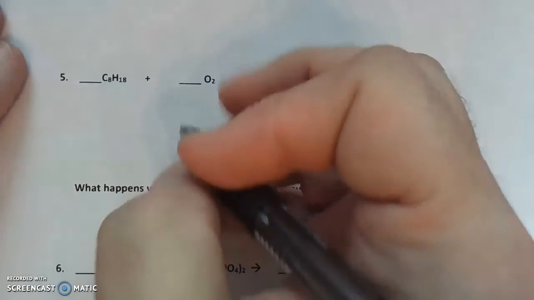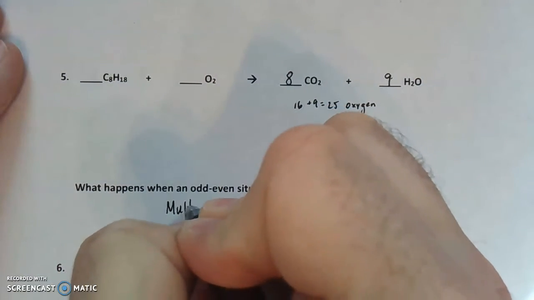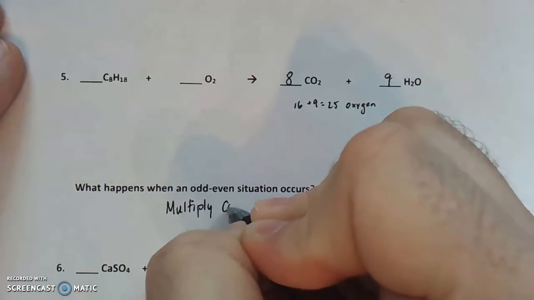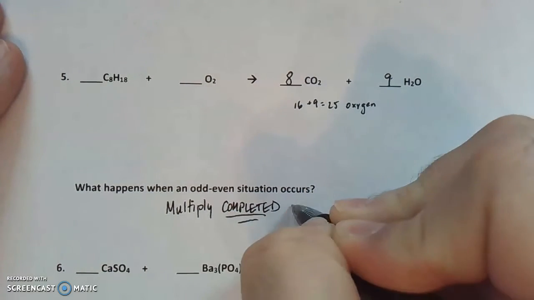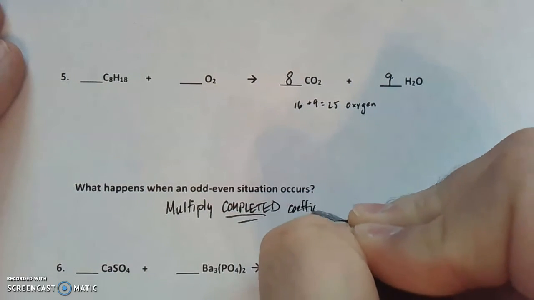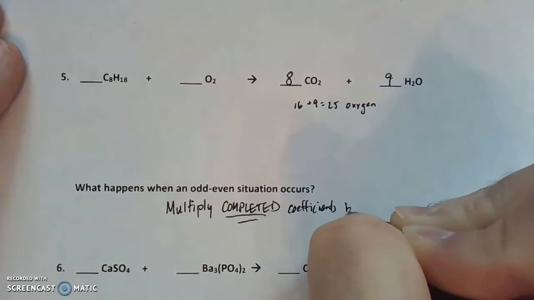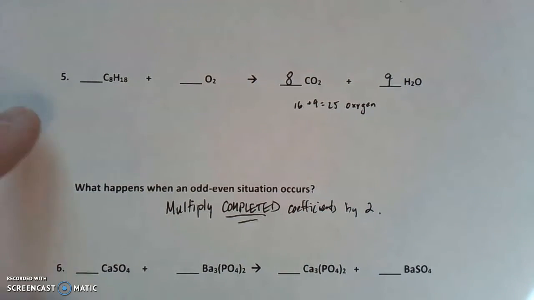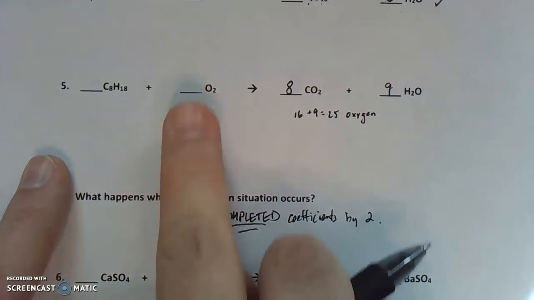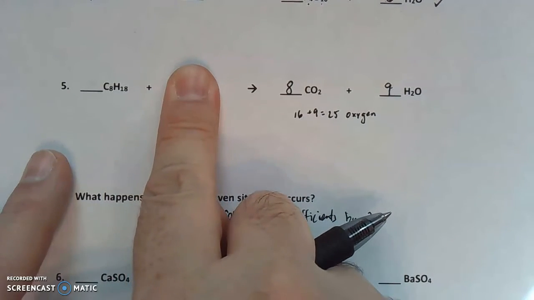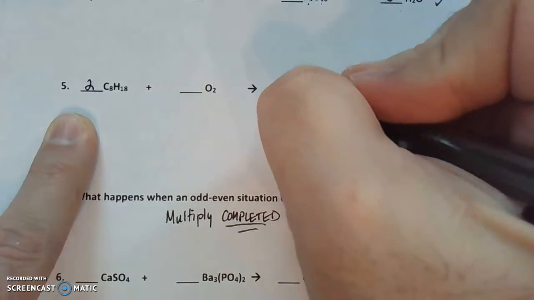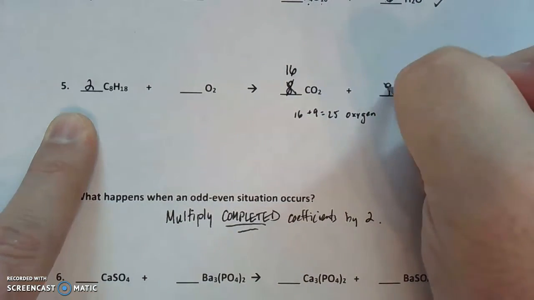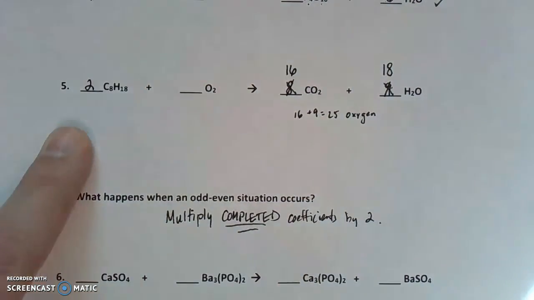So what we're going to do is multiply the completed coefficients by 2. So we have completed everything but this oxygen right here. So I'm going to make this a 2, this a 16, and this an 18.